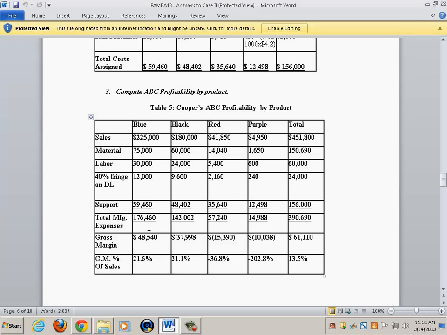For example, purple and red require considerably more setups. Smaller batches. It's due not only to the number of setups, it also requires more time to set things up.